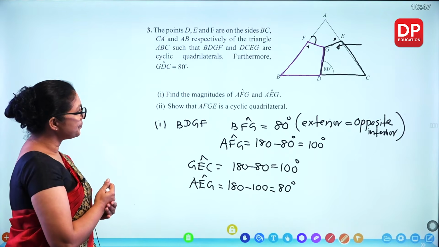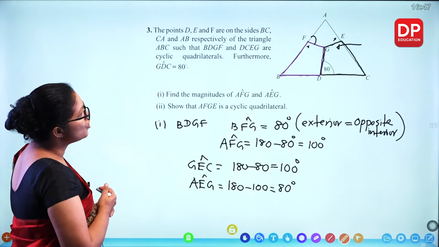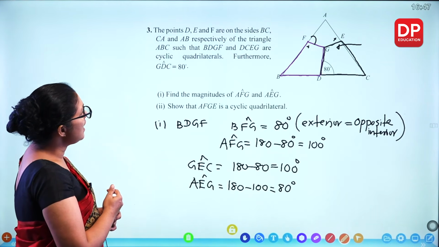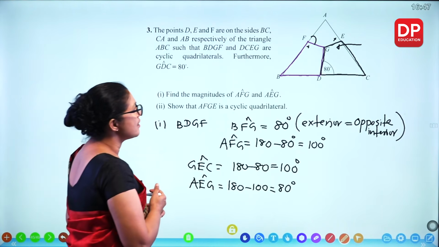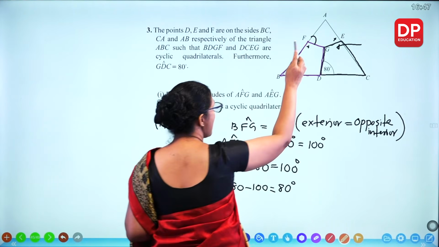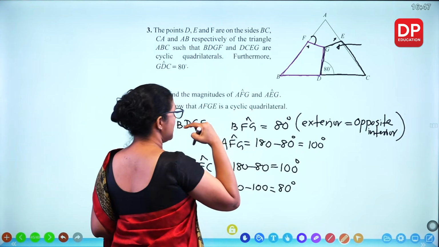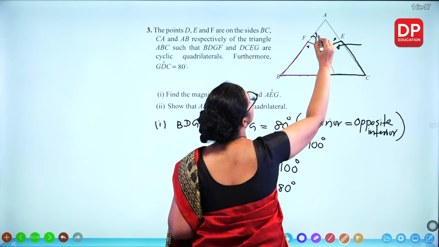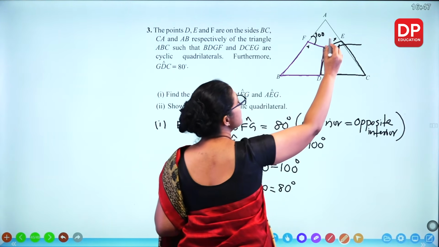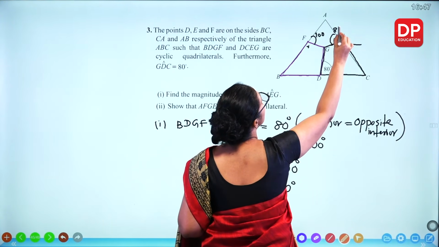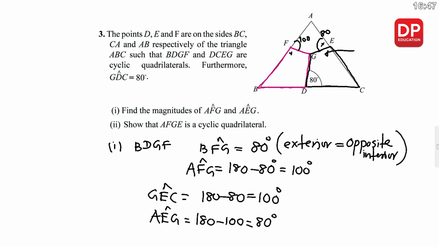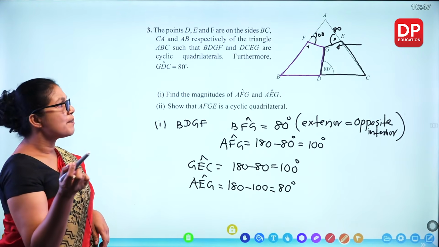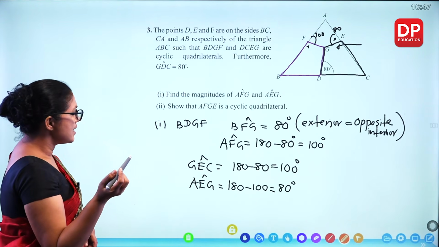Show that AFGE is a cyclic quadrilateral. Now we found out this angle is 100, this angle is 80. Those are the opposite angles of a cyclic quadrilateral. So what can you say? Opposite angles add up to 180.